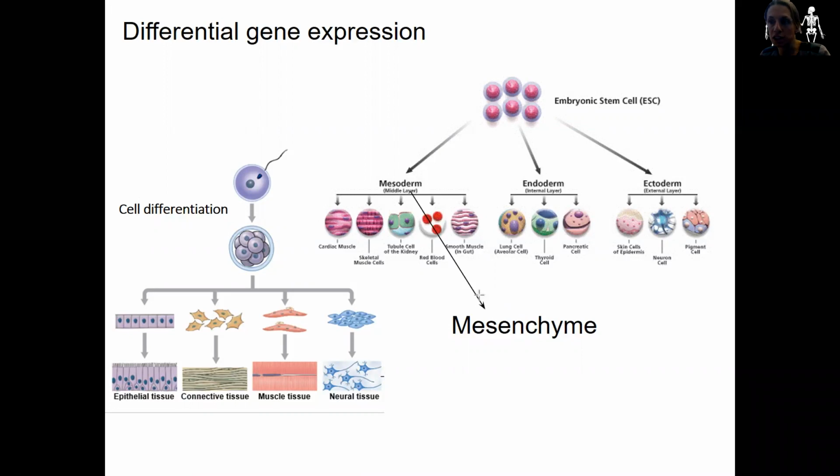It's a further specialization. Tubules of the kidney are going to differentiate from mesoderm into something else. It's not mesenchyme. So mesenchyme is going to be an early connective tissue that then can differentiate into chondrocytes, fibrocytes, smooth muscle, cardiac muscle, osteocytes, etc.